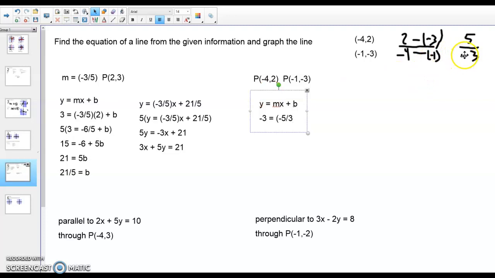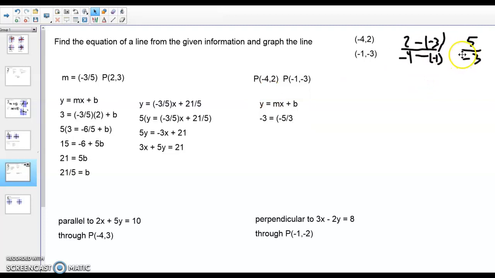So negative 5/3 times x. I'm going to put negative 1 in for x plus b. So I'm using negative 1, negative 3. Negative 3 equals 5/3 plus b.